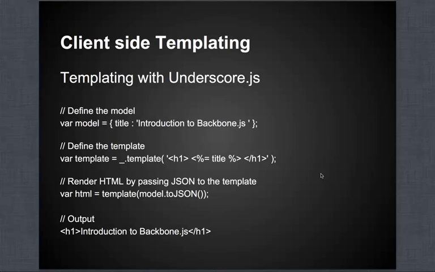Some people use micro templates, which are basically script tags within the page that have HTML in them, and then they have some ID that they use to grab that HTML and then parse it. So what it looks like for Underscore is we're using this template function, and we're saying model, generate the JSON for this model, which is just a string, combine them together, and then we get our output.